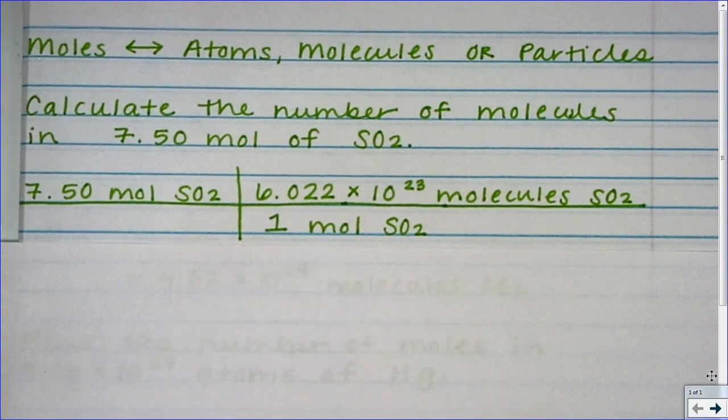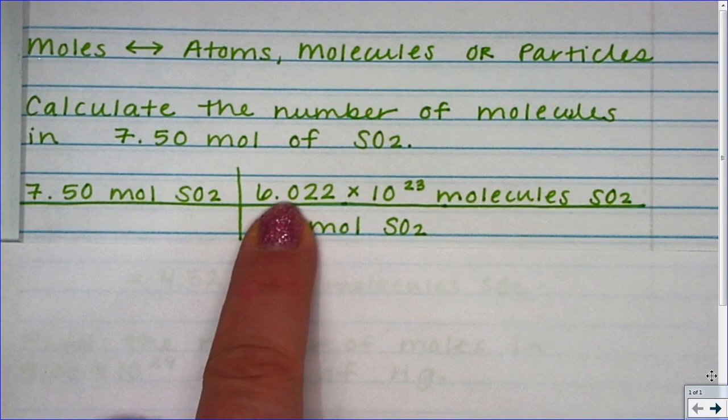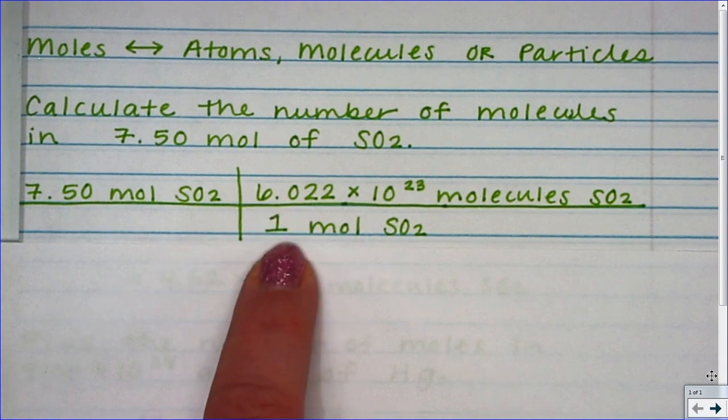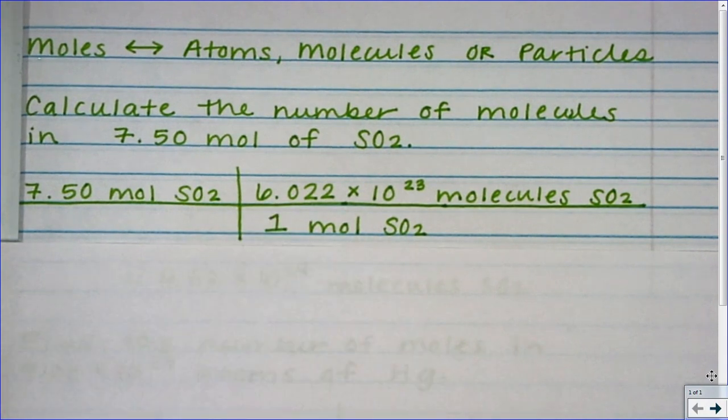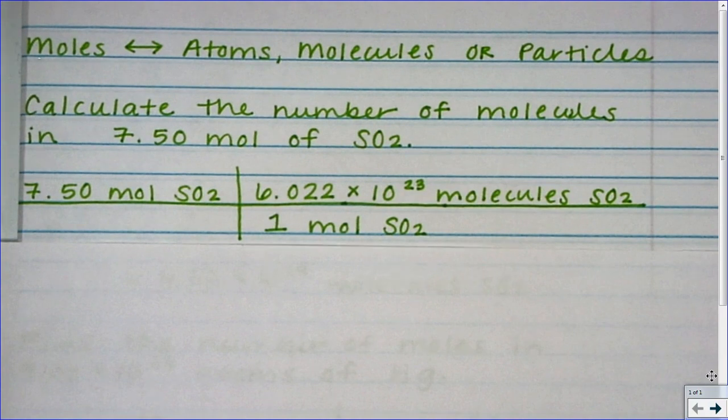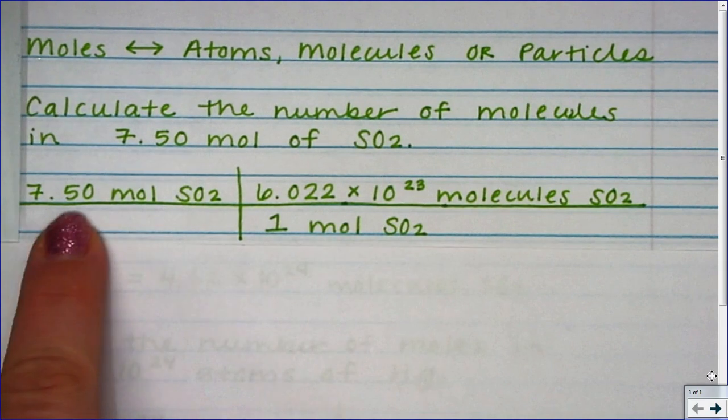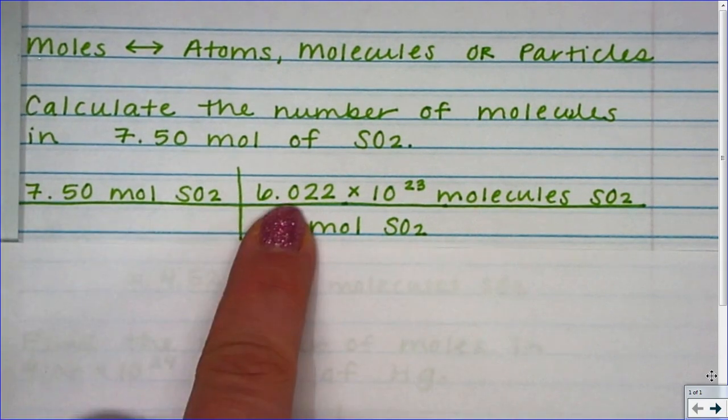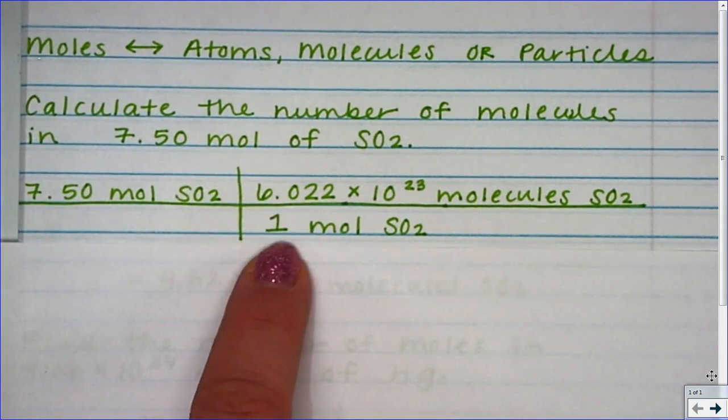Another way to look at this problem would be, when you're going moles to molecules, you would want to multiply, and anything on the top would be multiplication. Anything you place on the bottom would be division. So because of the work that we do here, we can do 7.50 times Avogadro's number. And if you have a number other than 1 on the bottom, you would divide by that.